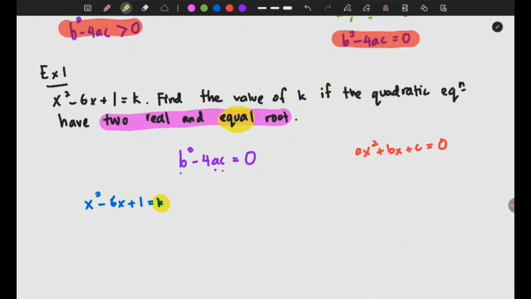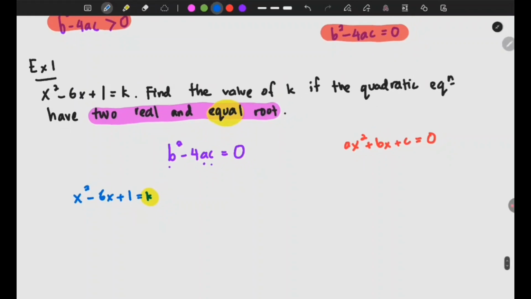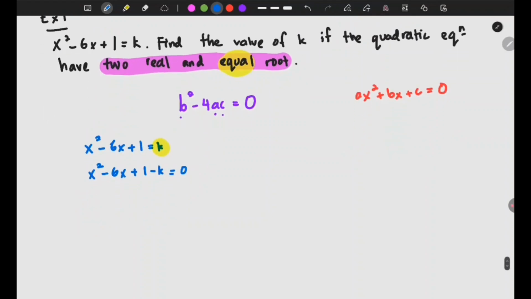So let's bring the k to the other side and make it equal to 0 so that it looks like a general form. So x squared minus 6x plus 1, and the k you bring to this side becomes minus k, and this will be equal to 0. So you can see the pattern now: ax squared plus bx plus c equals 0.